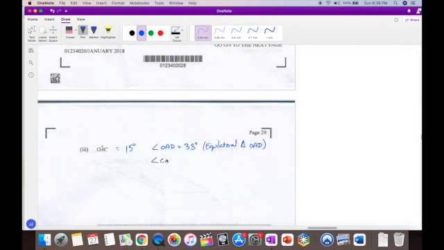Angle CAD equals 18 degrees. And why? Because the angle subtended by a chord in the alternate segment to the tangent is 18 degrees, right?